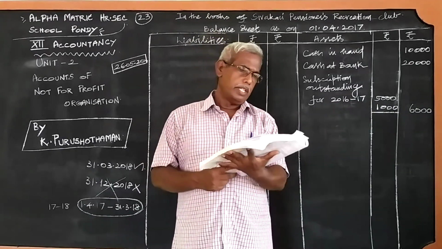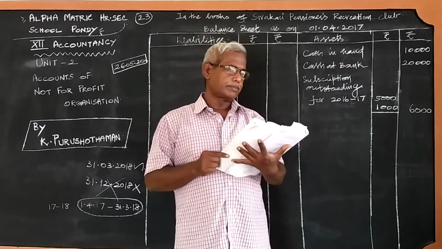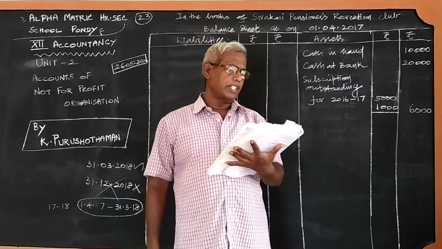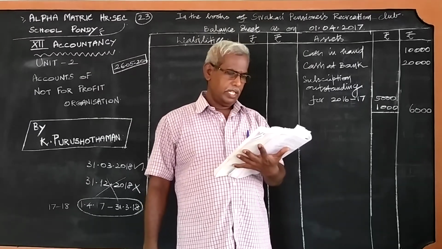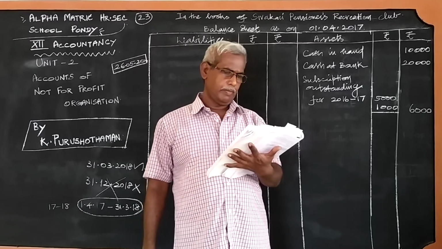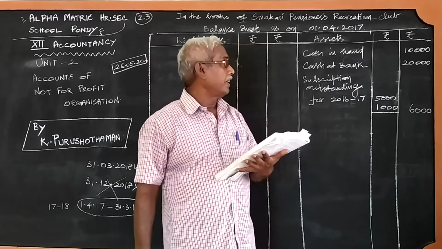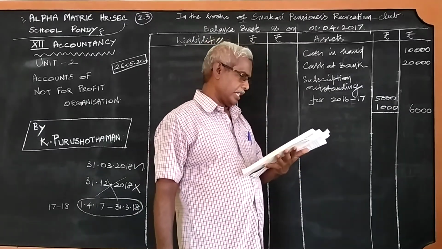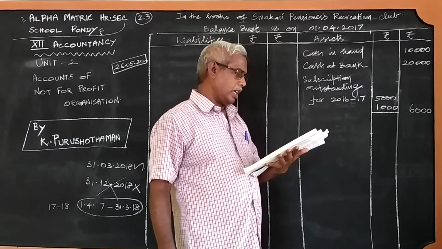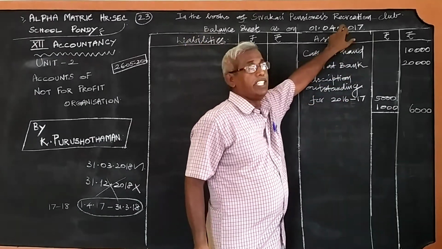So, then the next one, what else we can see? The 3 items we have written, and go to the next item. The club had furniture, rupees 10,000 on 1/4/2017.